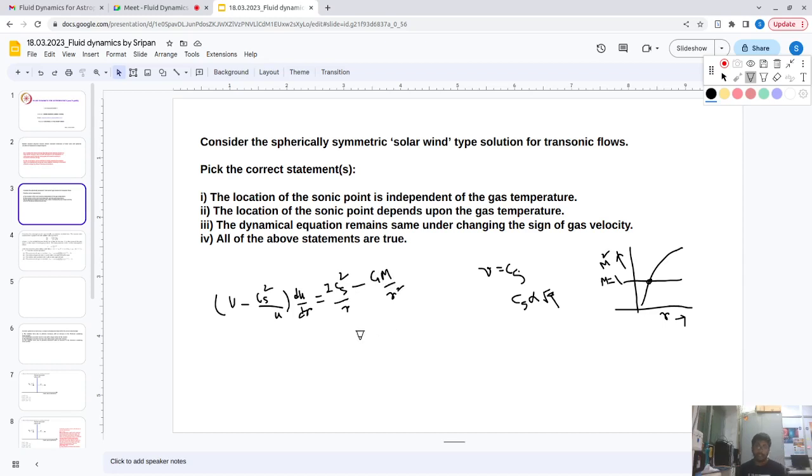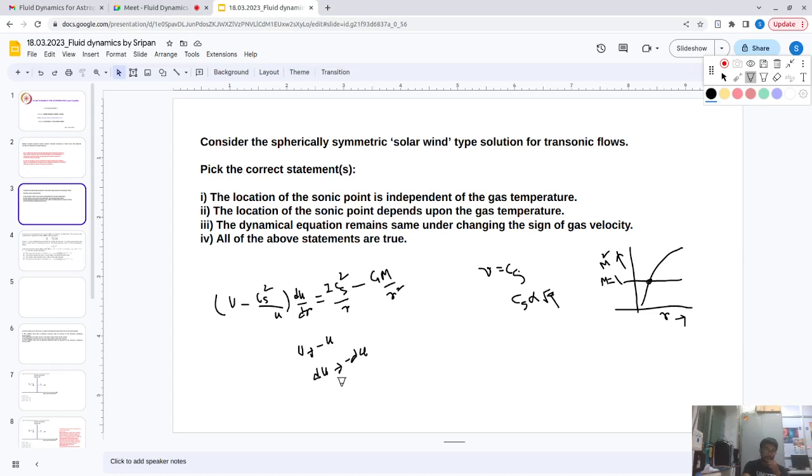So see, if you change the sign of the velocity, what will happen? You have u squared minus c_s squared, and in the denominator you have u and then du. So if you change u to minus u, that means your du is also changed to minus du, and the square term will remain the same, right?